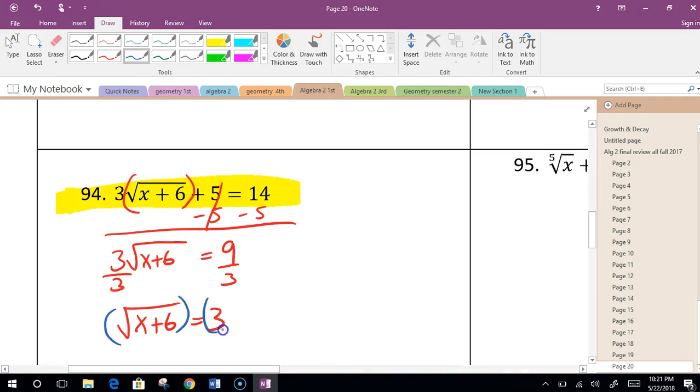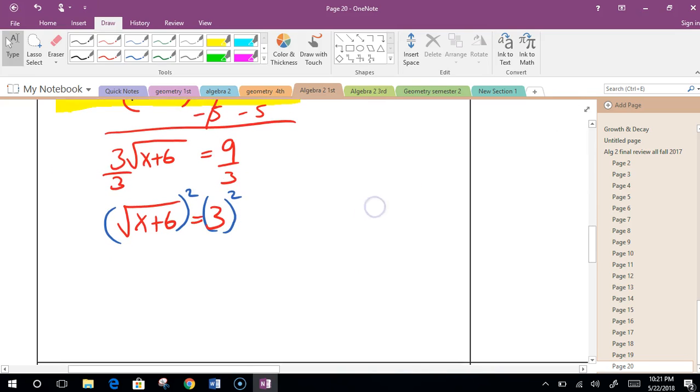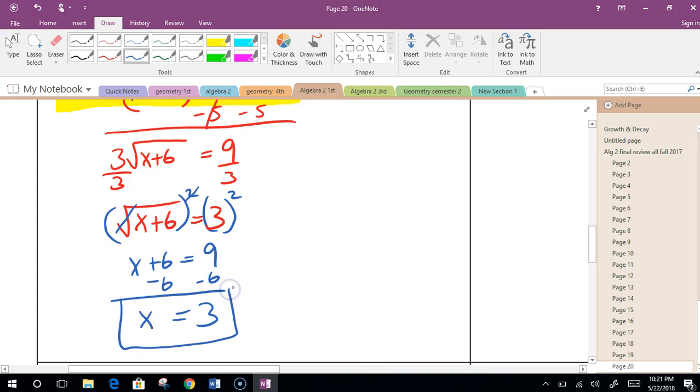Only way to get rid of a square root is to square both sides. Well, that'll knock this out and leave us x plus 6 equals 3 squared, which is 9, minus the 6 on both sides. We get a final answer of x equals 3. Both of those, I think, are likely questions that you may run into again.